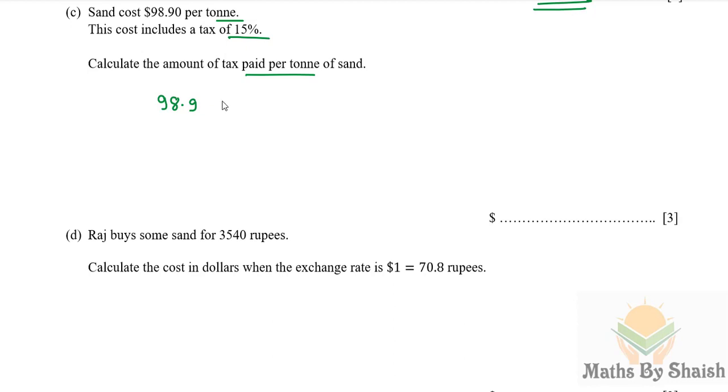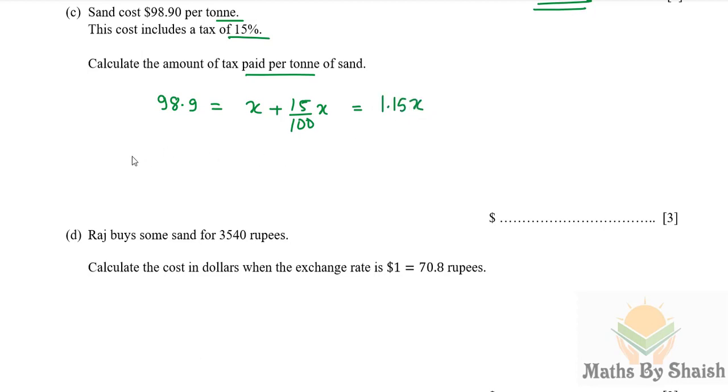So if we consider the cost of the sand, let's say it is x, then x plus 15% of x is the total amount. This is the cost per ton, this is the total amount now, and it is going to be 1.15x.